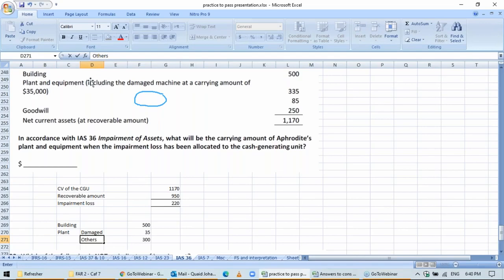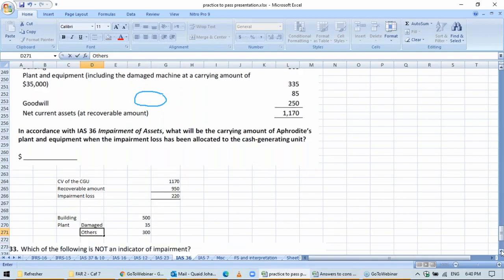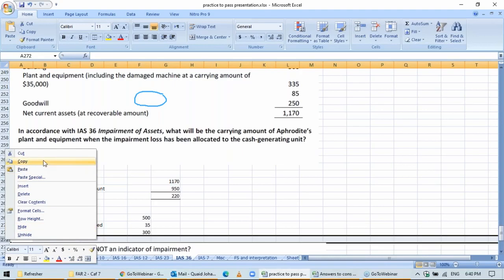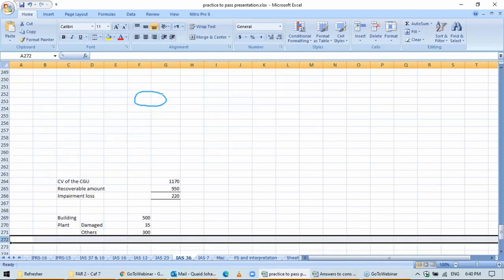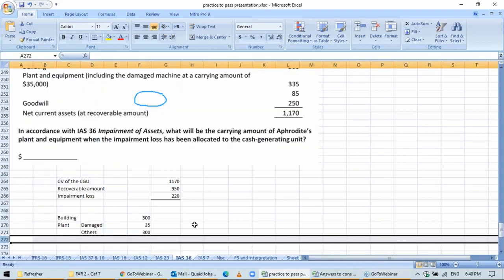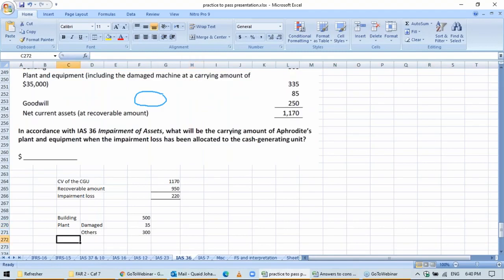They have mentioned it over here. You can read the bracket adjacent to the plant and equipment, which shows that there is a plant of 35,000 which has completely been damaged.